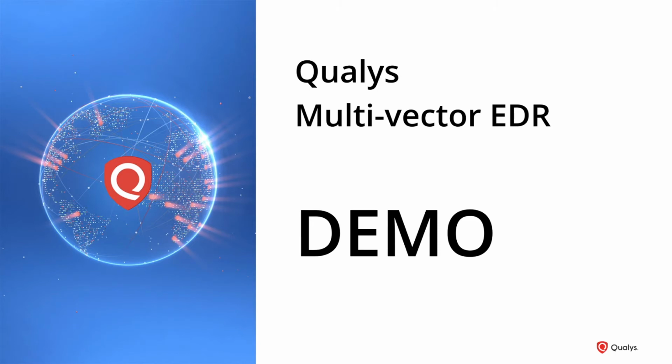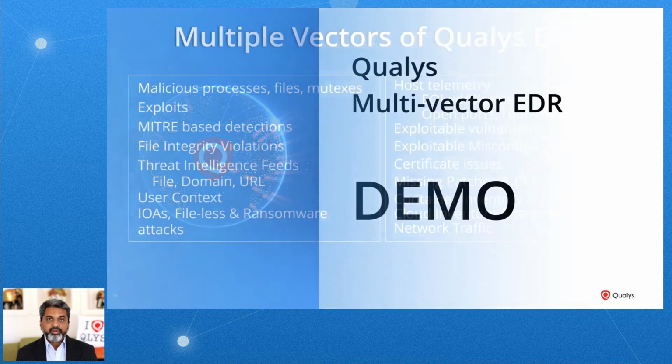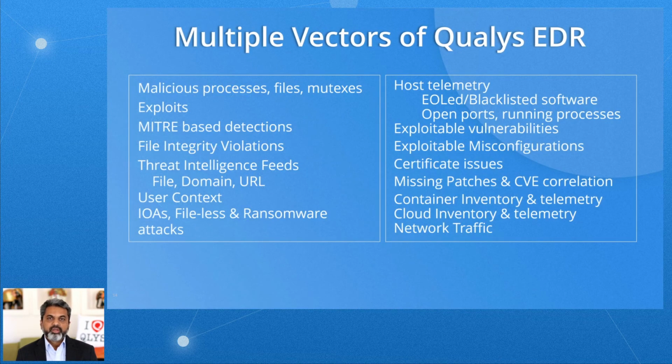Let me get my slide deck back up. All right, so okay, good. I hope you enjoyed that brief demo. I know there's a lot to cover, and I couldn't cover everything, but hopefully gave you a quick preview of what we're talking about in terms of the concept of multi-vector EDR and the capabilities of the EDR solution.